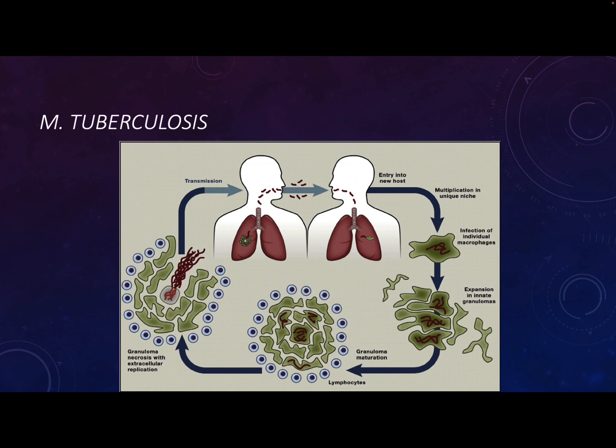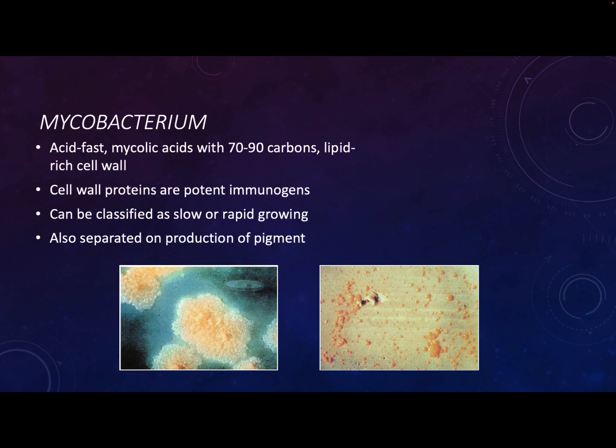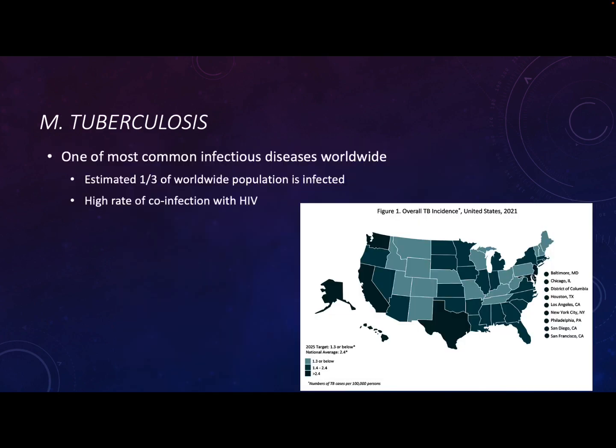In the US, we don't always hear a ton about tuberculosis, which is kind of a shame. It's actually relatively common in the US. It is not nearly as common in the US as it is in other parts of the world. It is one of the most common infectious diseases worldwide, and estimates are that about 1/3 of the worldwide population is infected. 1/3 of the US?